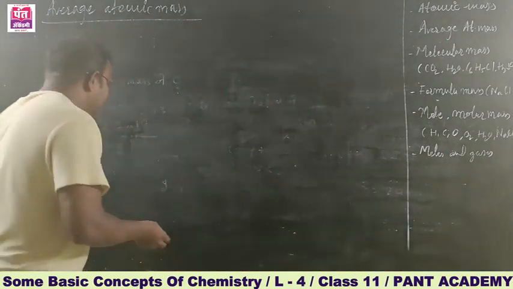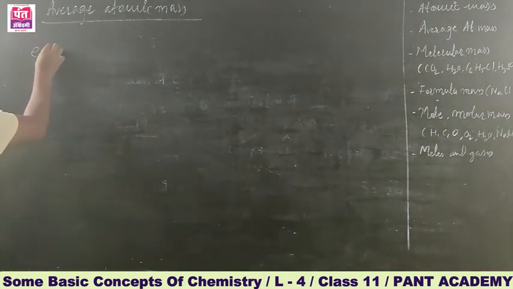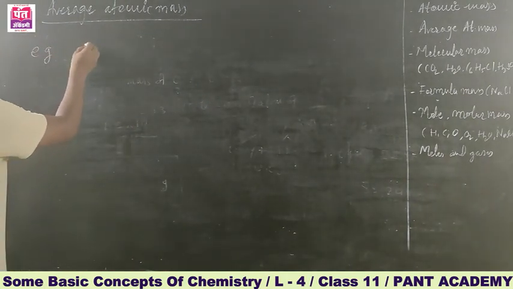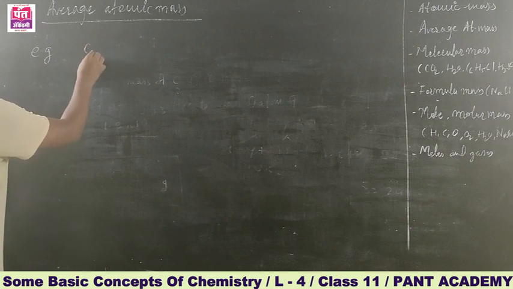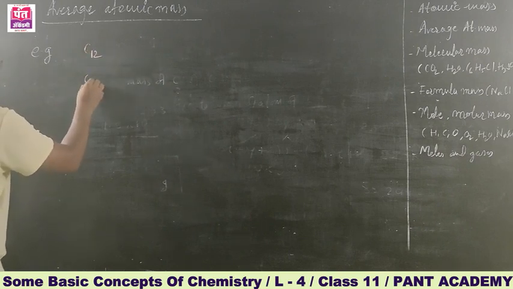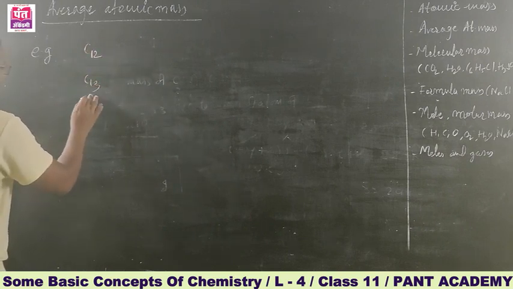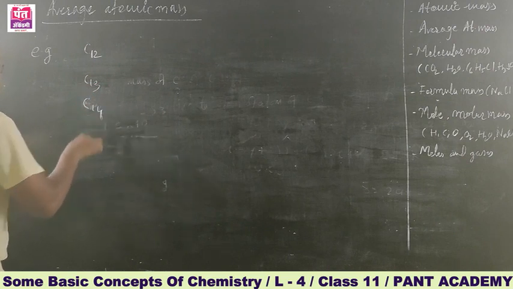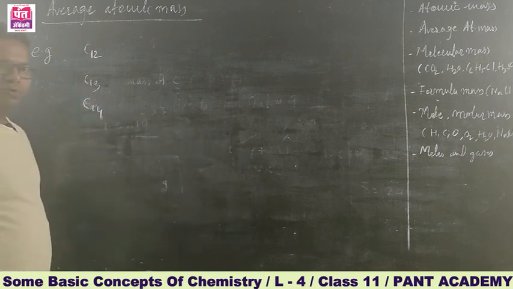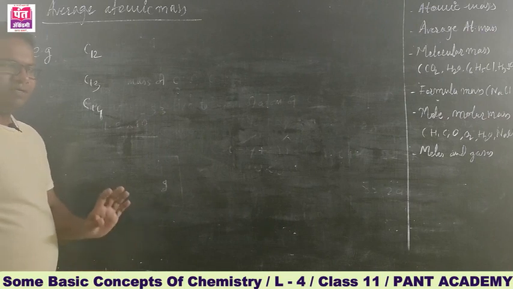Carbon just calculate karo apan. Okay, example, carbon: C12, C13, C14. These are the three isotopes of carbon which are found in nature.